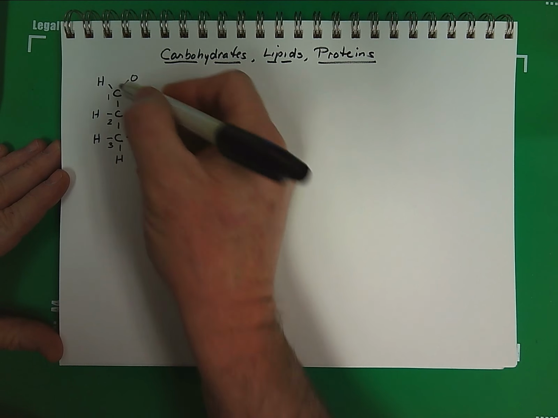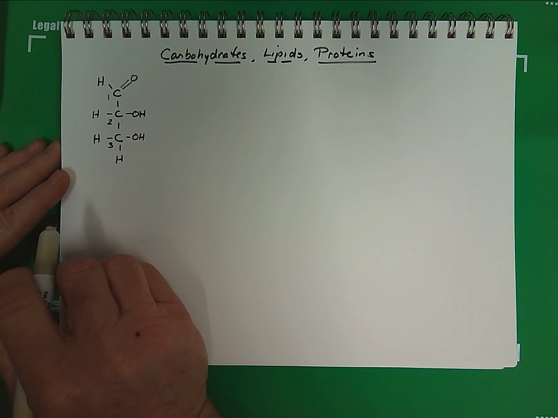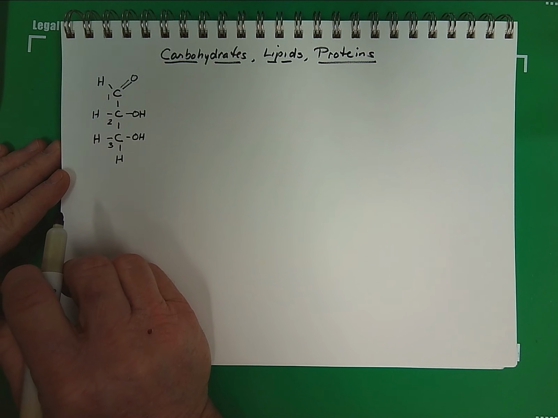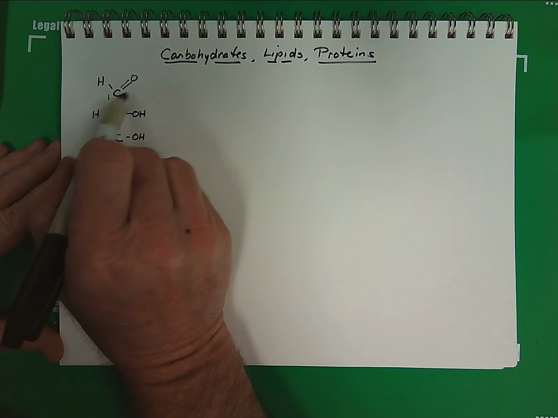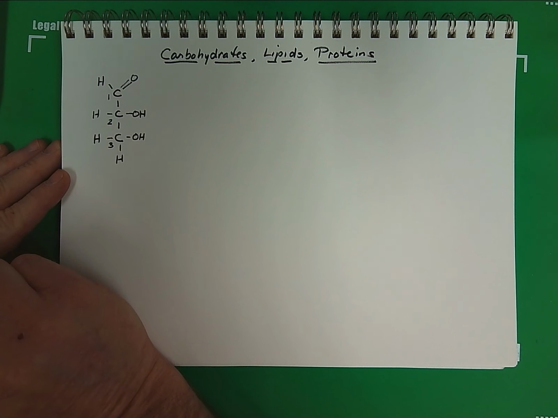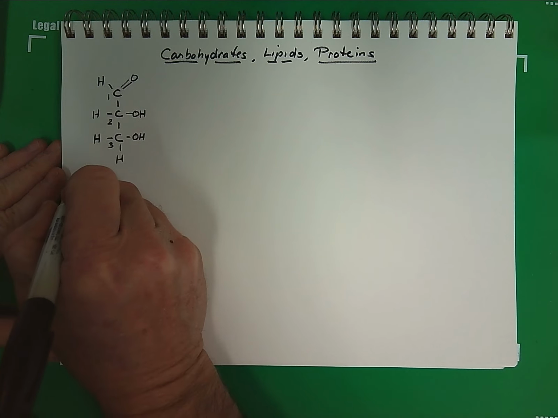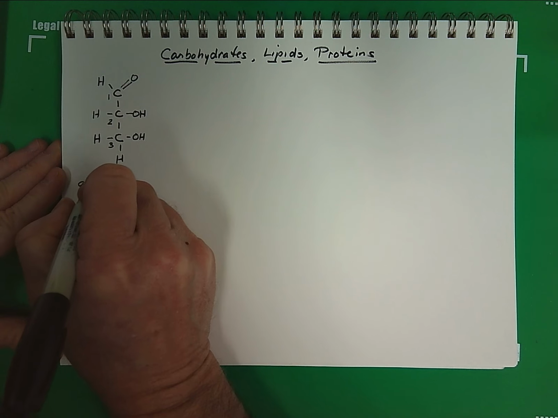And the first thing to notice is that this 3-carbon backbone is similar to the glycerol structure. So if we replace this aldehyde with another hydroxyl group on the number 1 carbon, this would be glycerol. Because we have the aldehyde on here, the name of this is glyceraldehyde.